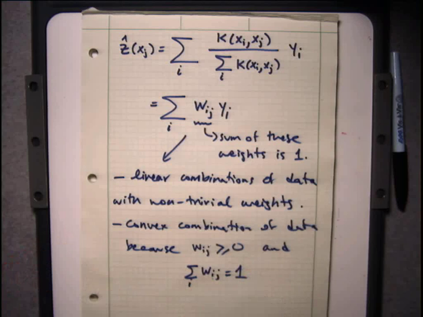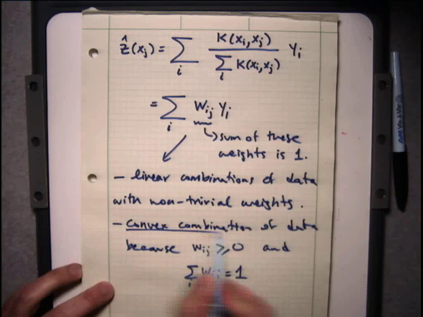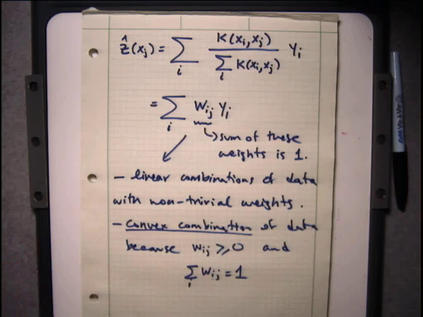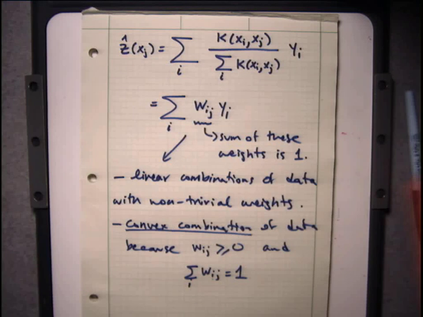So it's a bunch of positive coefficients and they sum up to 1. The term for that is that it's a convex combination of the data. Okay. Another name for this is zeroth order regression. Okay? It's called zeroth order because these coefficients can never be negative.